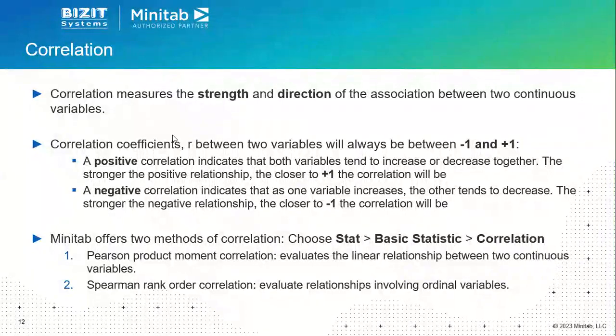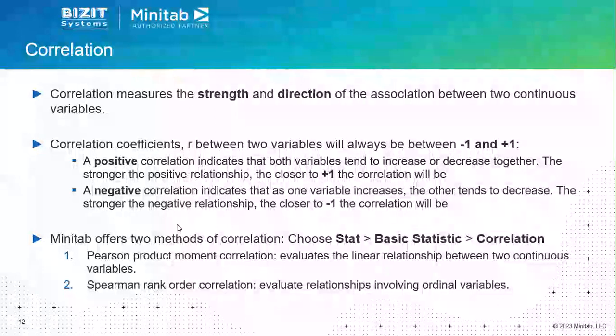If your R has a negative value, it means that when one variable increases, the other tends to decrease. The stronger the relationship, the closer it is to -1. So the R coefficient here will be from -1 to 1. Okay, no need to worry, Minitab will generate this R value for you.